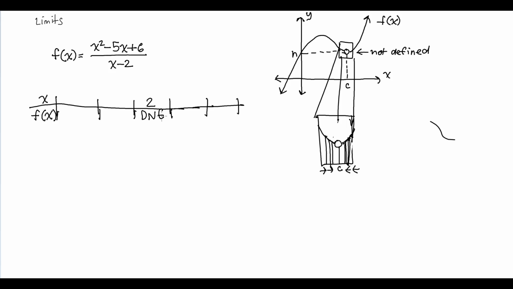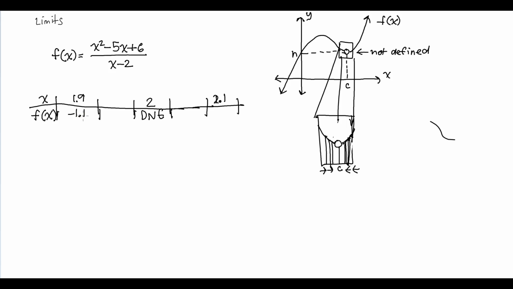Let's start with 2.1 and 1.9. We're already starting out quite close. If we put 1.9 in a calculator, we would get negative 1.1.